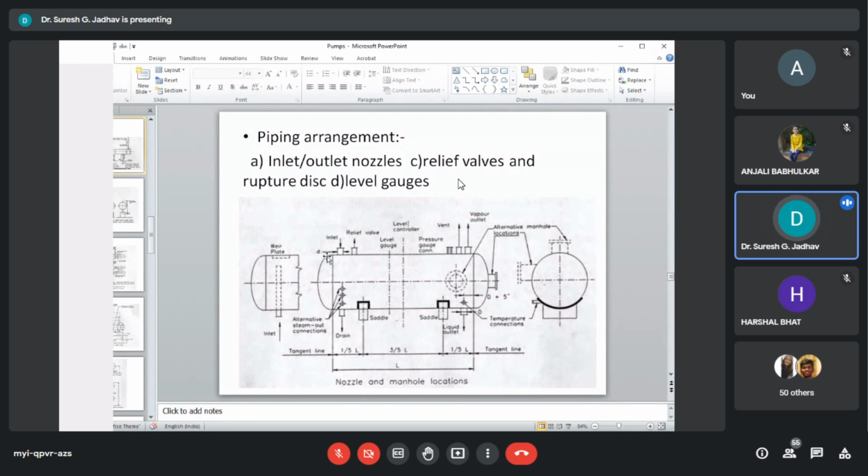Here you can see the inlet or outlets placed on top at one end.